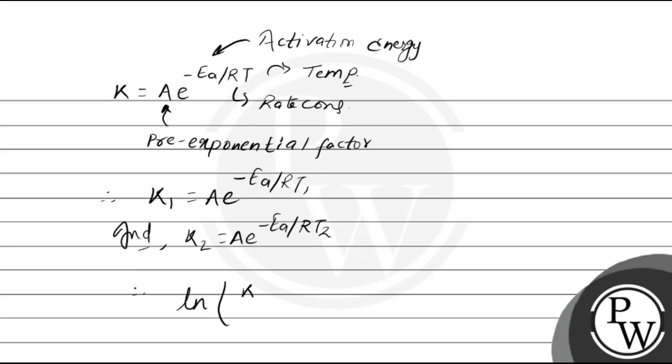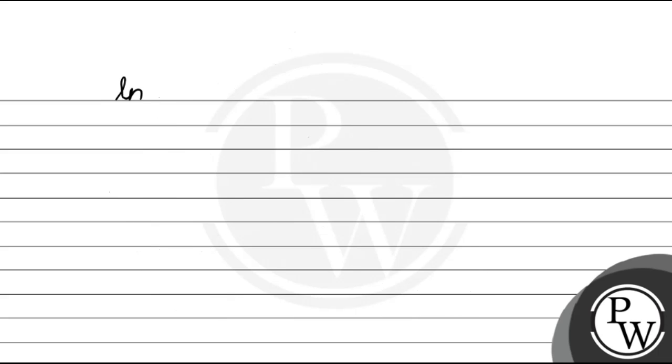So ln K2 upon K1 is equal to Ea upon R into (1 upon T1 minus 1 upon T2), which is equal to Ea upon R into (T2 minus T1) upon T1 into T2.